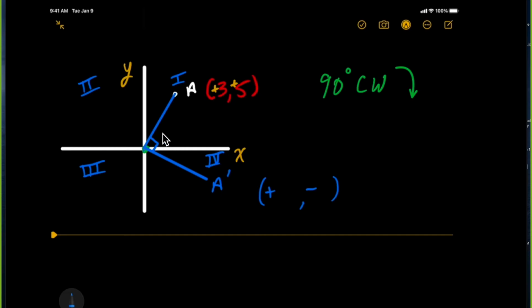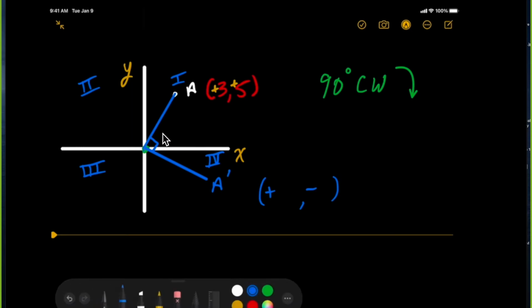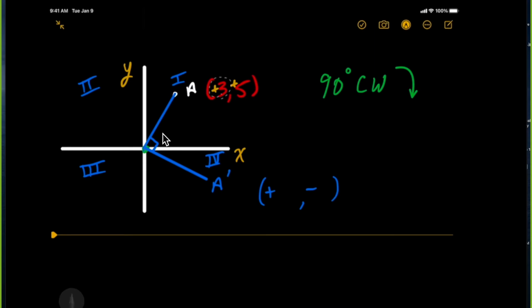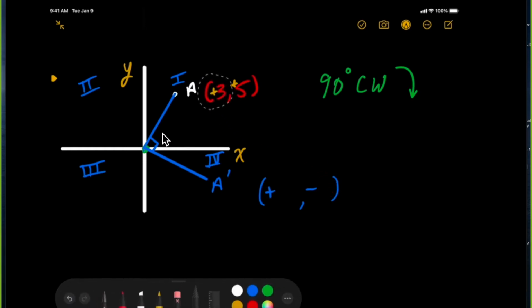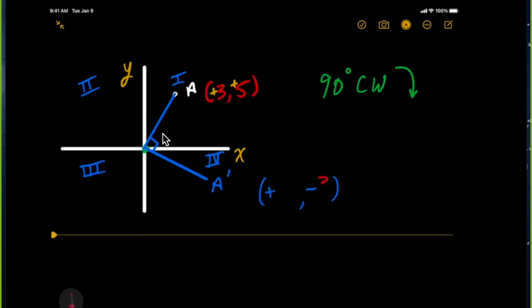Otherwise it would not be in quadrant 4. The next thing I do is I take the values in the original point, point A, and I switch them. So the original x value becomes the new y value. Okay, that didn't go very well, so I'm just going to write it in. 3 goes here, and 5 goes here.